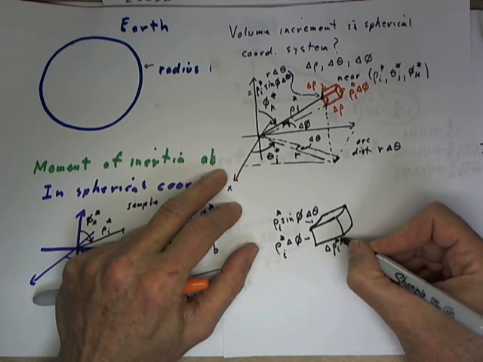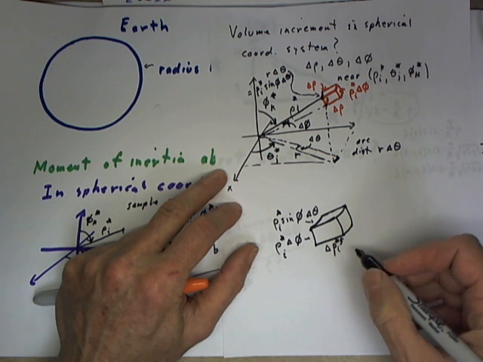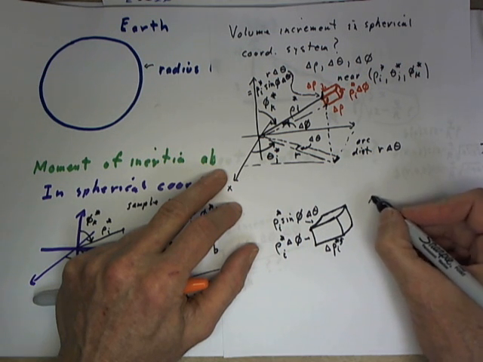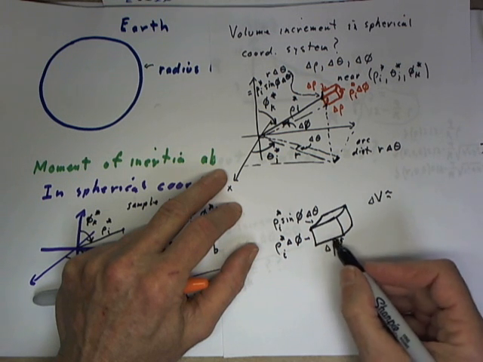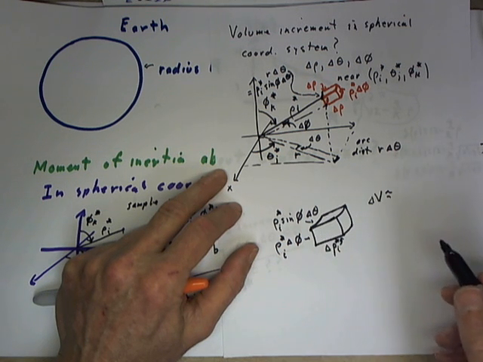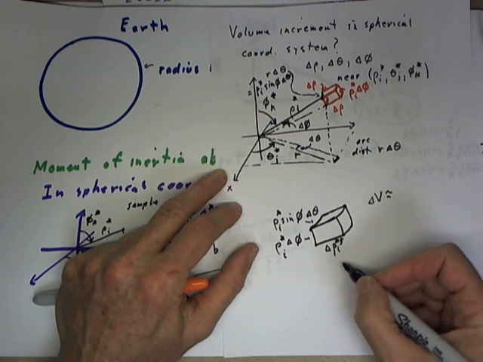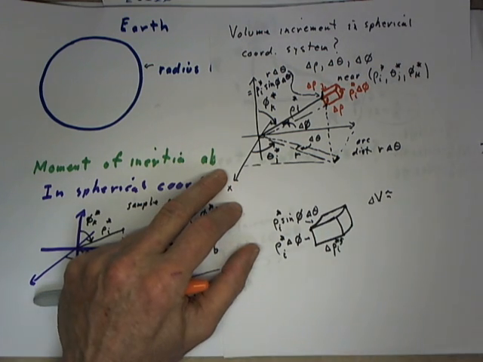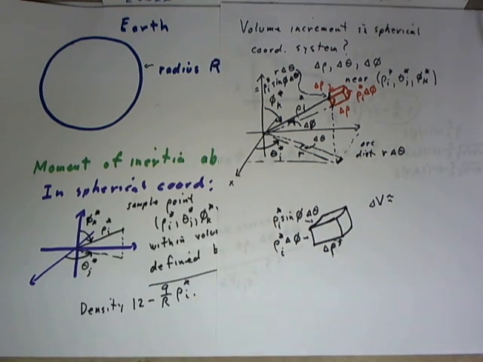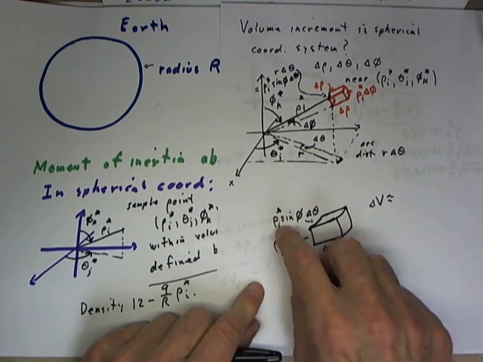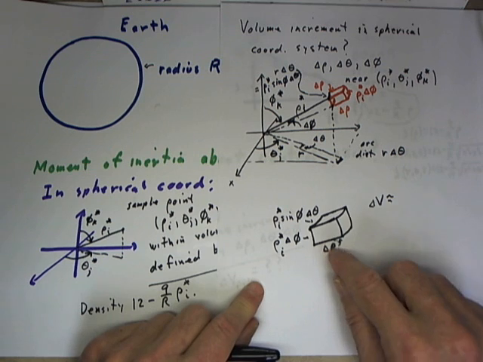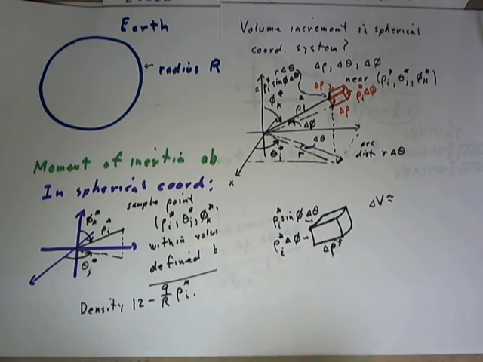This little smudge here is supposed to be kind of an arrow. And we see that the volume now is approximately this dimension by this dimension by this dimension, and that's not a delta rho I star. This is simply a delta rho.